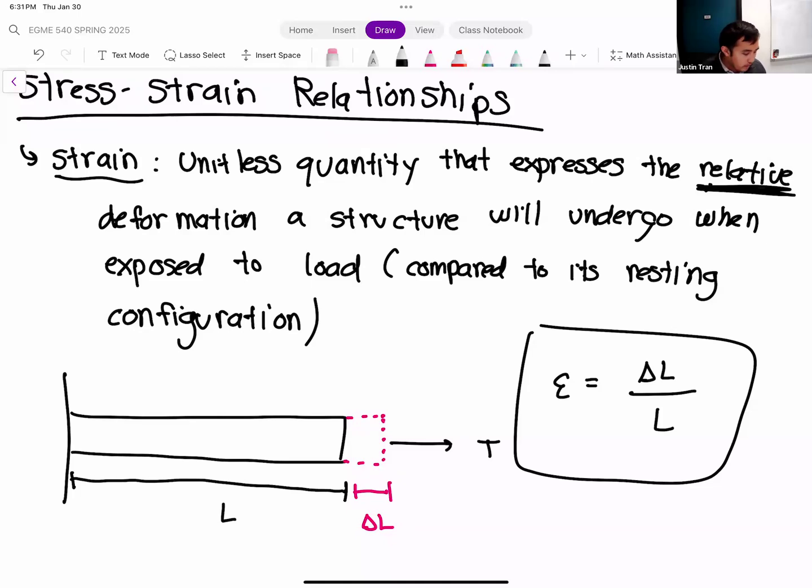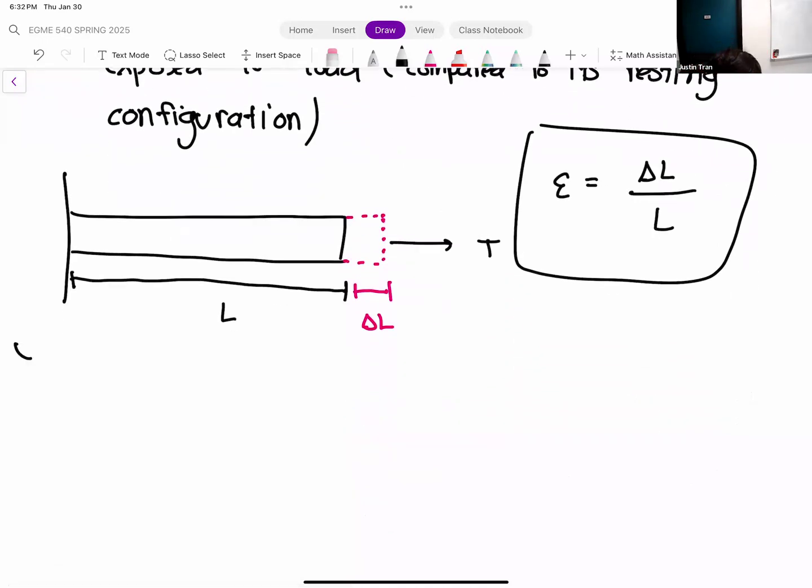So it turns out, for most materials, stress and strain are actually very closely related to each other. In a material that we call linear, a linear isotropic material, stress and strain are linearly related to each other.